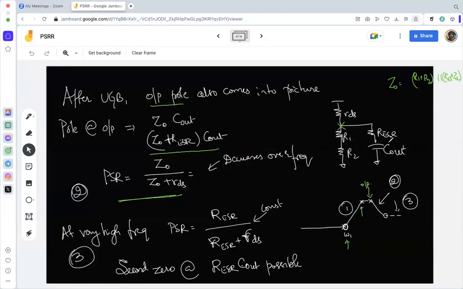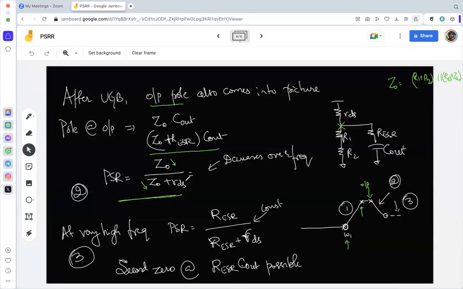Now this Cout impedance starts to decrease because of Cout. The capacitor impedance decreases over frequency. At high frequency, it acts like a short. So you have a ZO which is decreasing over frequency.